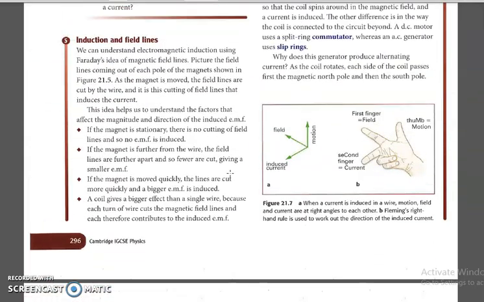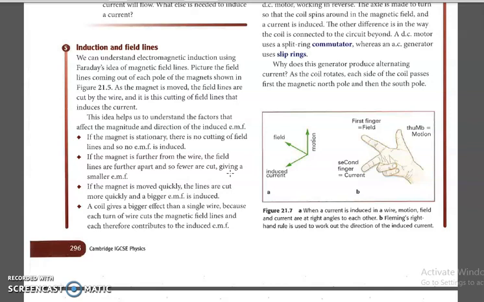So these are all the important points on how induction and field lines are related, the magnitude and direction of the induced EMF. If the magnet is kept stationary, there will be no current produced.